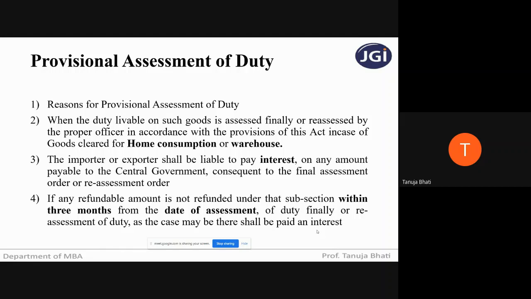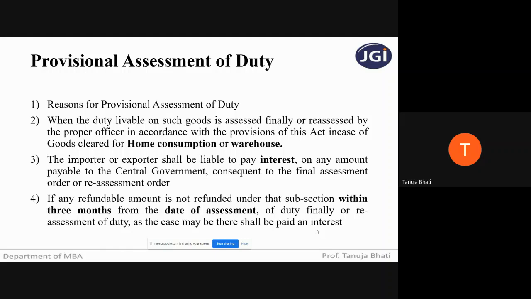The period in which he can get the refund from the proper officer is 3 months. Within 3 months, he should get the refund. Suppose he has not got the refund within the 3 months, then interest will be payable by the government to the importer.